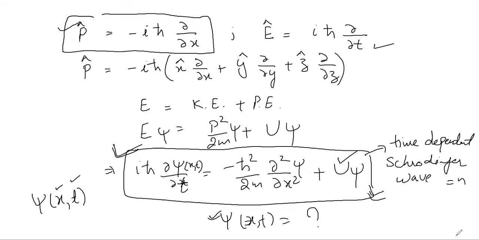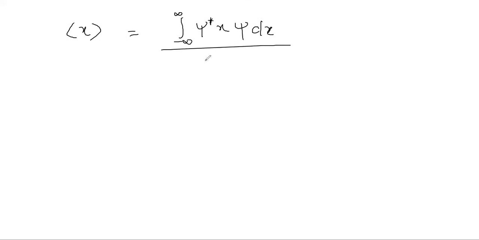And let me remind you that in yesterday's class, we did talk about the expectation value of position, which we said that you have to integrate from minus infinity to plus infinity psi star x psi dx divided by the integral of psi star psi dx. And again, I'm just sticking to 1D now.